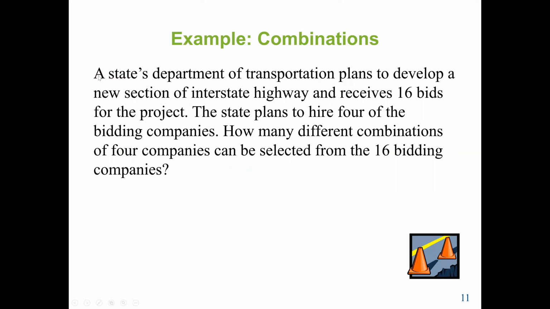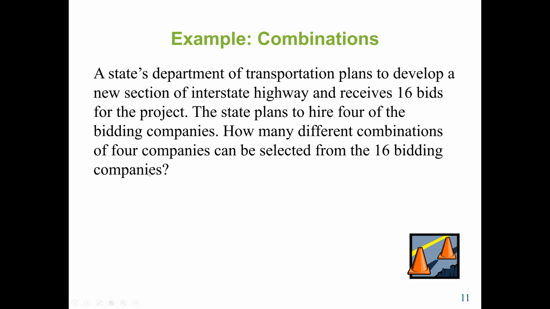So a question is given here: the State's Department of Transportation plans to develop a new section of interstate highway and received 16 bids for the project. The state planned to hire 4 of the bidding companies. How many different combinations of 4 companies can be selected from the 16 bidding companies?